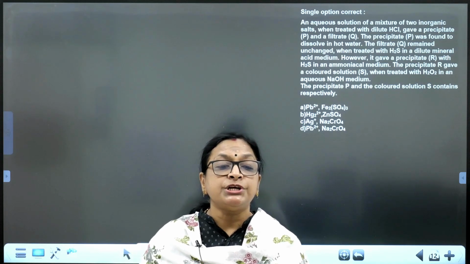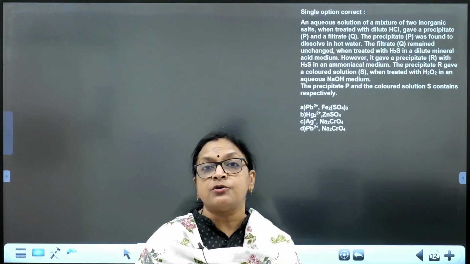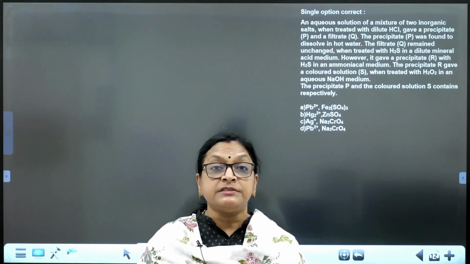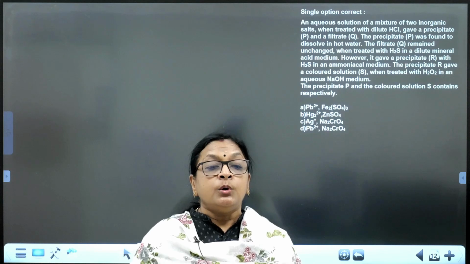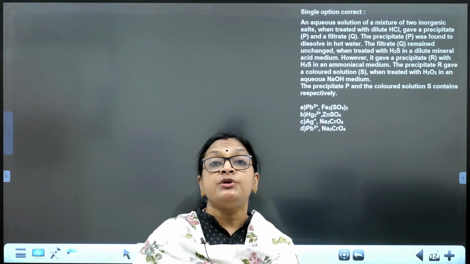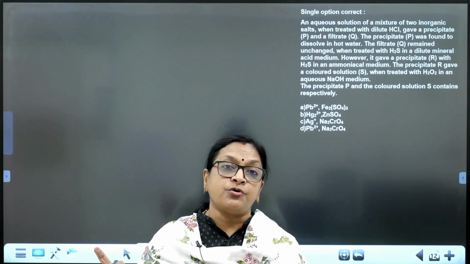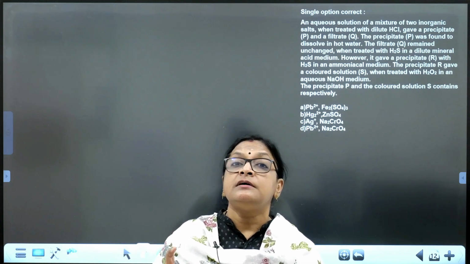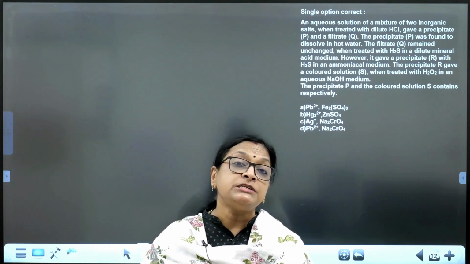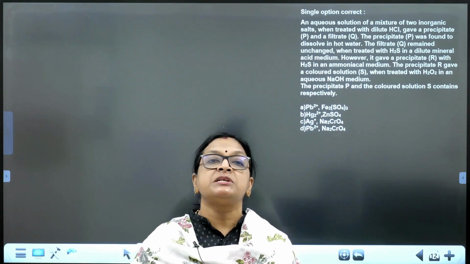An aqueous solution of a mixture of two inorganic salts. There are two inorganic salts, so there are two cations and maybe two anions. When treated with dilute HCl, gave a precipitate P. Dilute HCl is the group reagent for group 1 cations, where the chlorides of these metal ions have very low KSP, or chlorides of these metal ions will be precipitated.